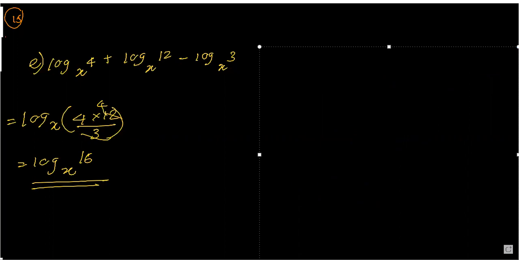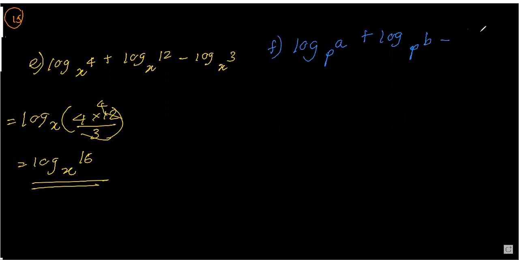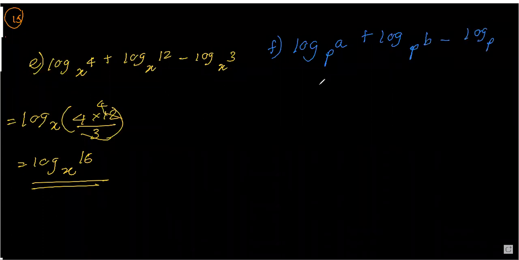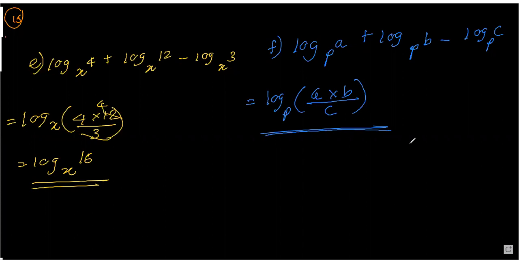Look at the next question. That is F. Log P base A plus log P base B minus log P base C. Log P base A into B divide by C. Then the last question, page number 16.